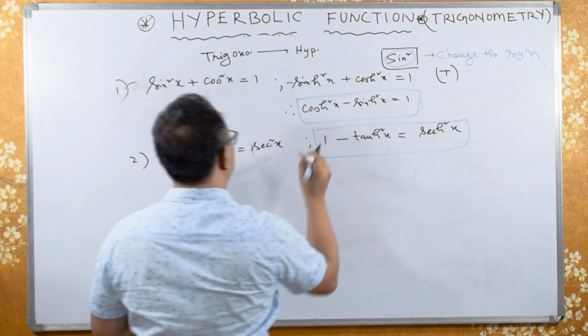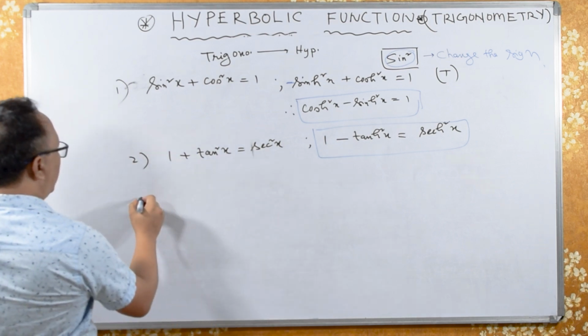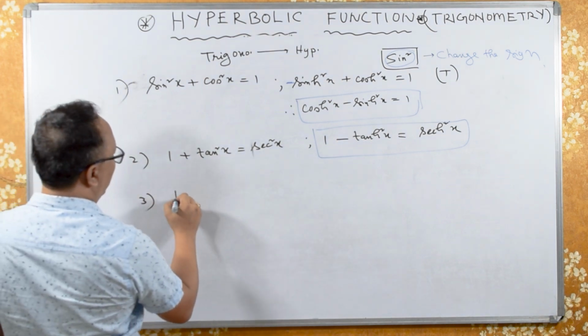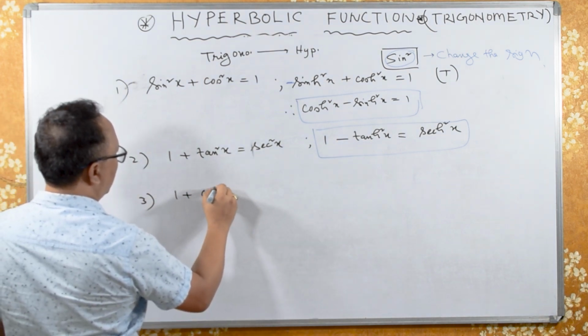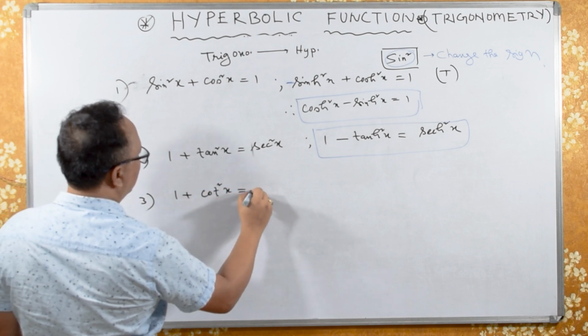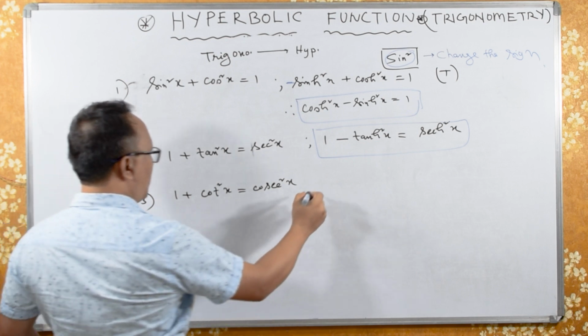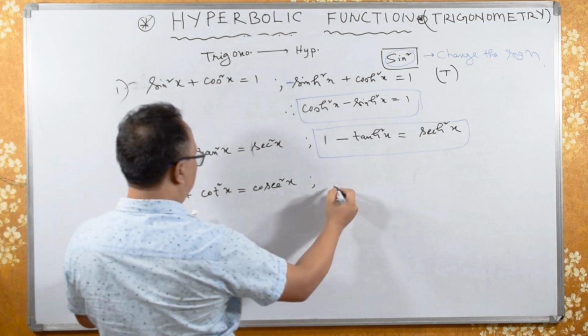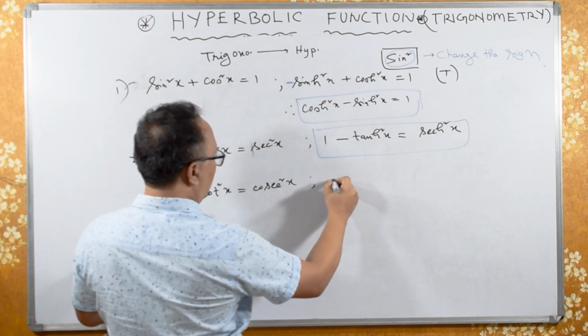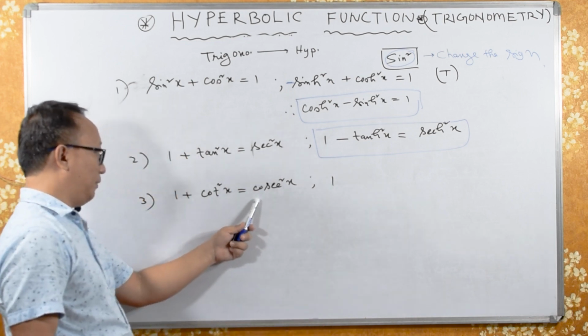Another one we have is 1 plus cot square x equals cosec square x. Now the constant term, write as it is, 1. If you want to prove, you can prove.